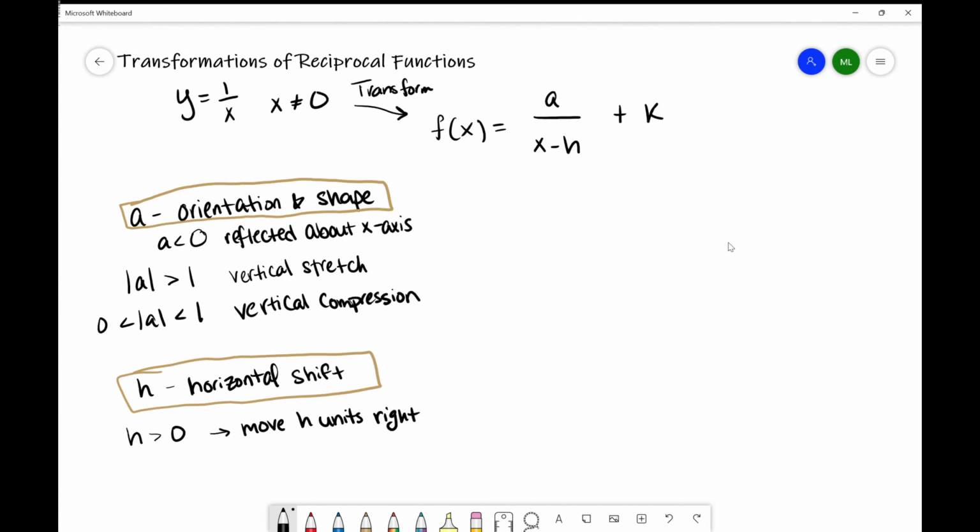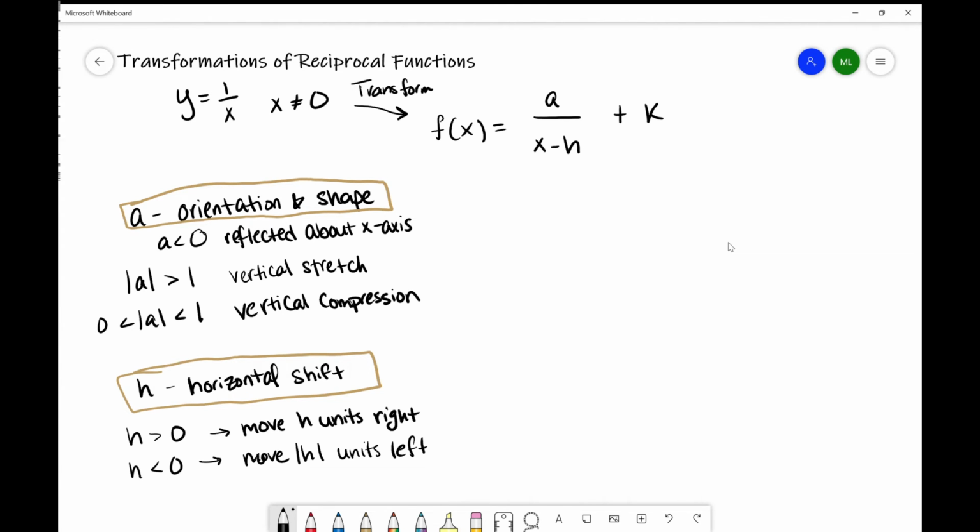Now, if h is negative, then you will move the absolute value of h units left. Because I don't want you to move negative 2 units to the left. That doesn't make sense. h is the distance, and you want it to stay a distance. That's why we say the absolute value of h.